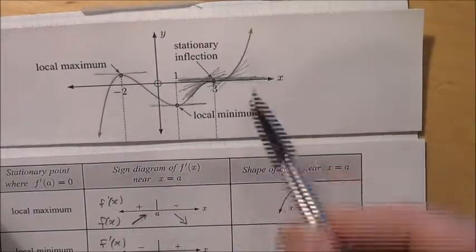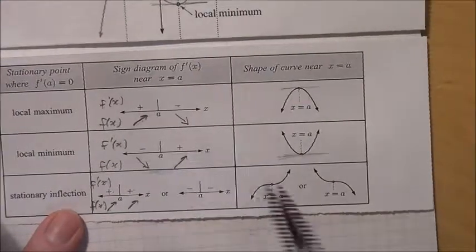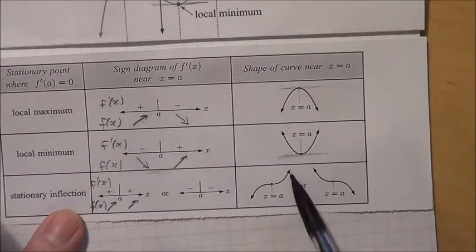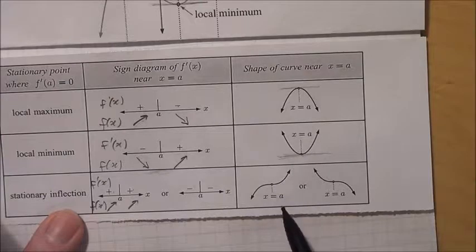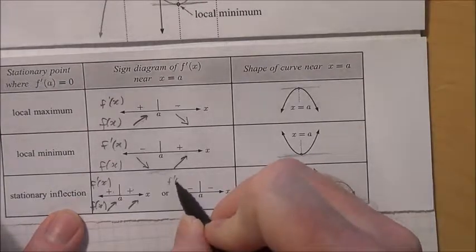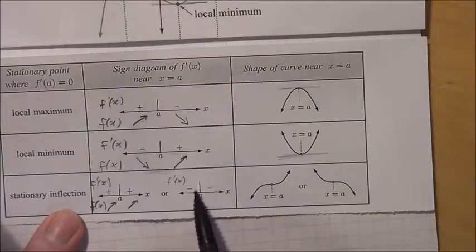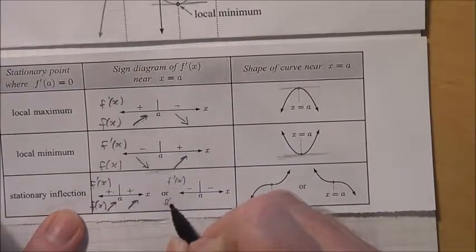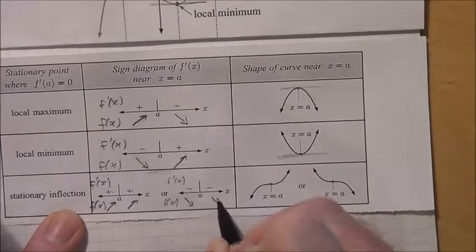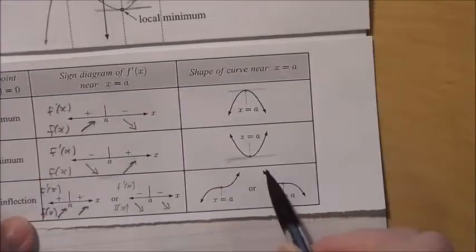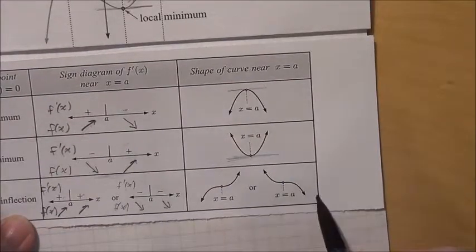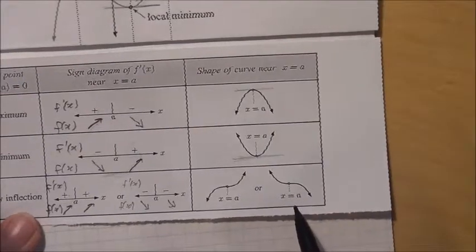So it's increasing on both sides of the inflection point, as diagrammed here. And in the second case, where the derivative function, the gradient function, is negative on both sides, the actual function is decreasing on both sides, therefore it's going down on both sides of that stationary inflection point.